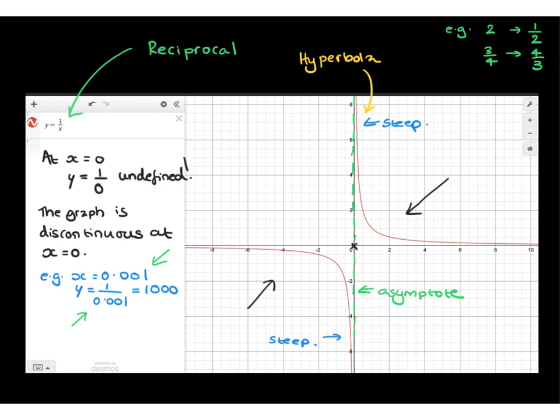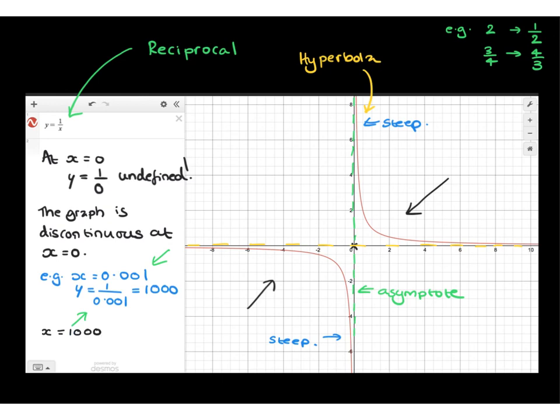Now, for this particular graph, the x-axis is also an asymptote. And you can see the graph gets closer and closer and closer to the x-axis, but it never actually reaches it. Now, why is that? Well, let's imagine that x takes a very large value. So, for instance, x equals 1,000.